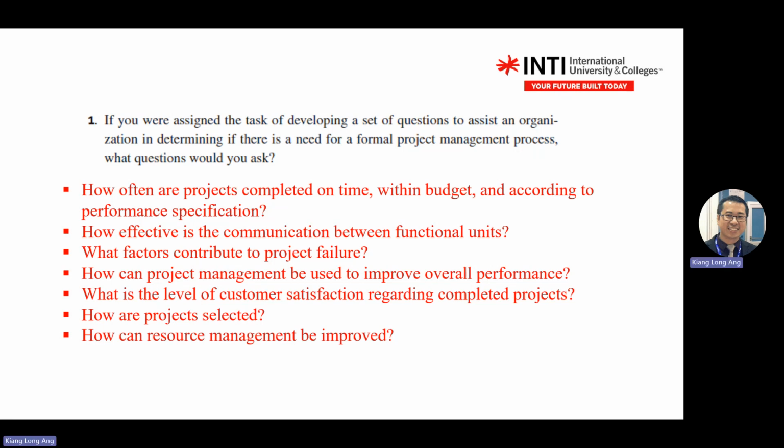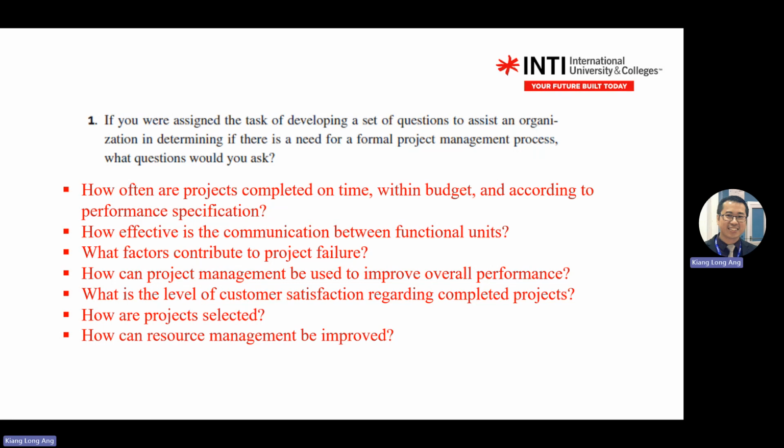Still, you go back to the definition of project success. Then we talk about communication, because this module is about project management, the role of the project manager. The role of the project manager is to communicate and do integration. So this is communication.